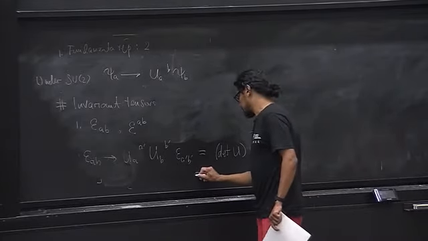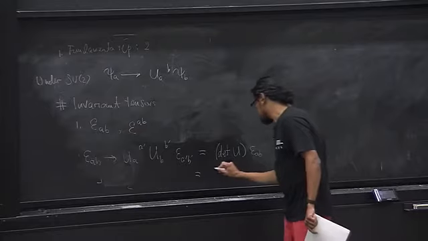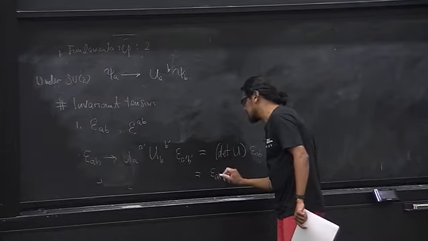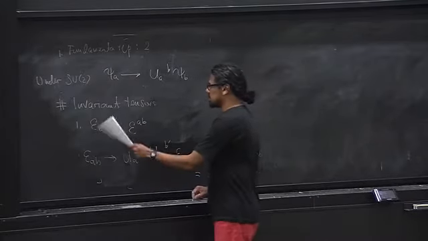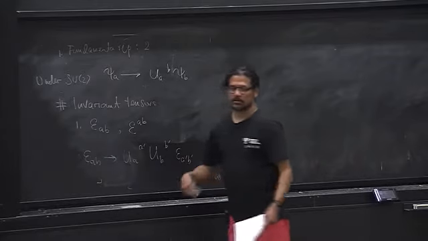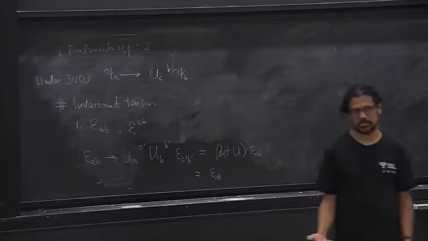But we know that the determinant of U for SU2 is 1, so this is epsilon AB. So this tensor doesn't change under an SU2 transformation. It remains itself.